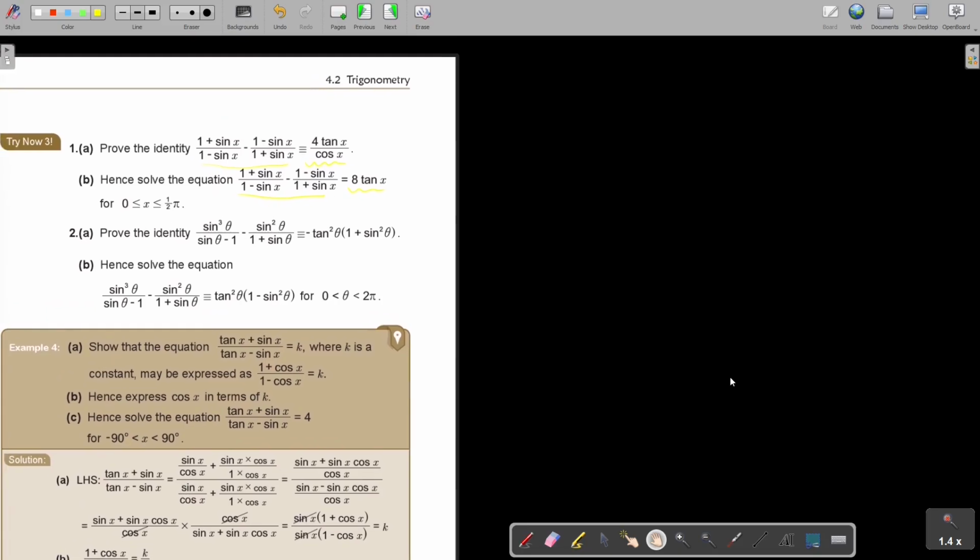So basically, due to this one and this one, in number B, I can say 4 tan x over cos x equals 8 tan x.